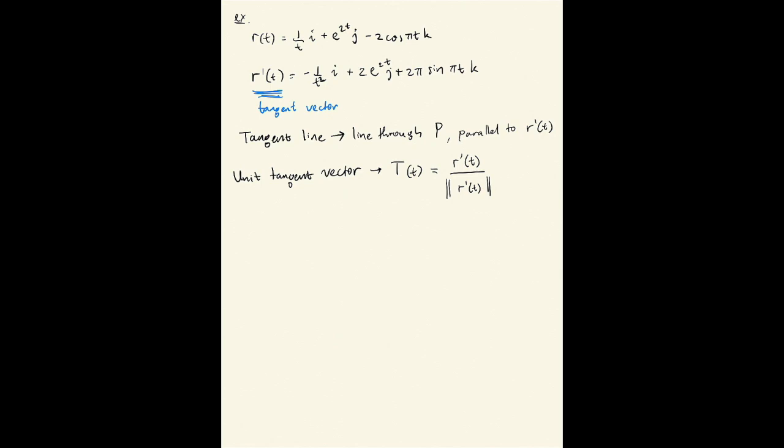So if the question is the same, like 1 over t plus e to the 2t, and so on, and you need to find the unit tangent vector at t equal 1, we can use 1 and then evaluate all derivatives and the norm with t equal 1.